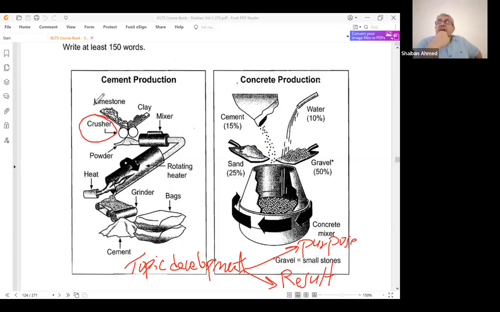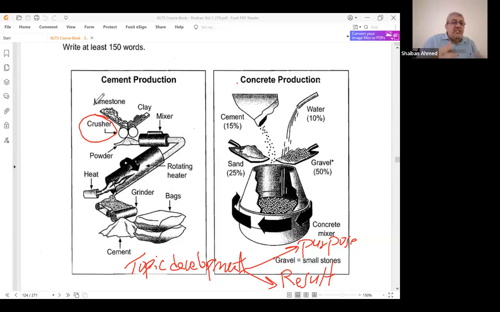Okay, in the cement, we have a crusher. For what? In order to, as a result, we have what? Powder. That's it.